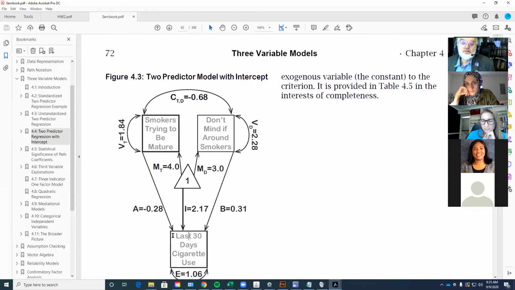So in this case, this regression model illustrates a pattern of redundancy, because traveling from this predictor to this criterion is a positive number times a negative number plus a negative number times a positive number. Similarly, for this predictor, this is a positive number times a positive number to go from this predictor to this predictor.